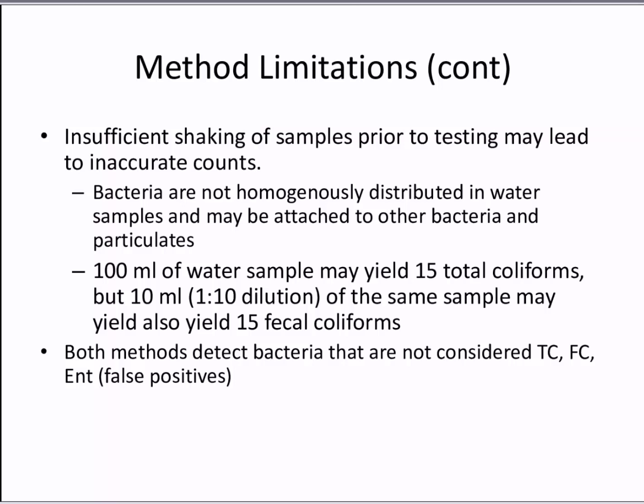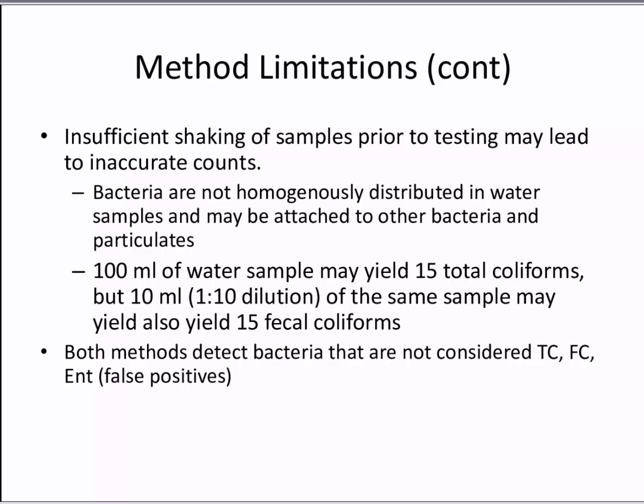So you can get the same count using different volumes of water. So what do you do with that? Well, I personally would trust the results from the 100 ml versus the 10 ml, but you can see that these discrepancies happen because the bacteria are not homogeneously distributed in water.